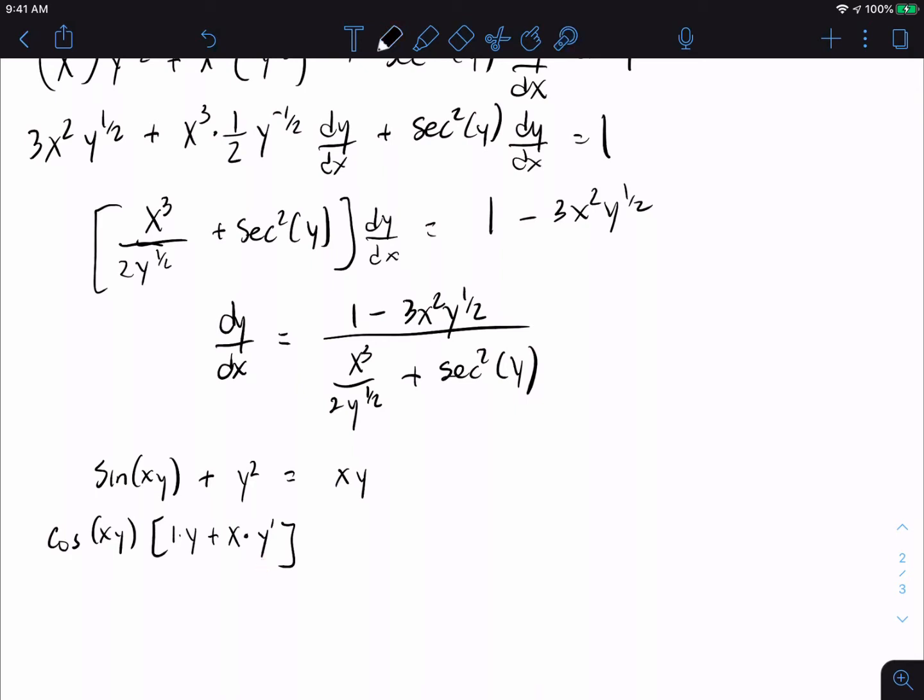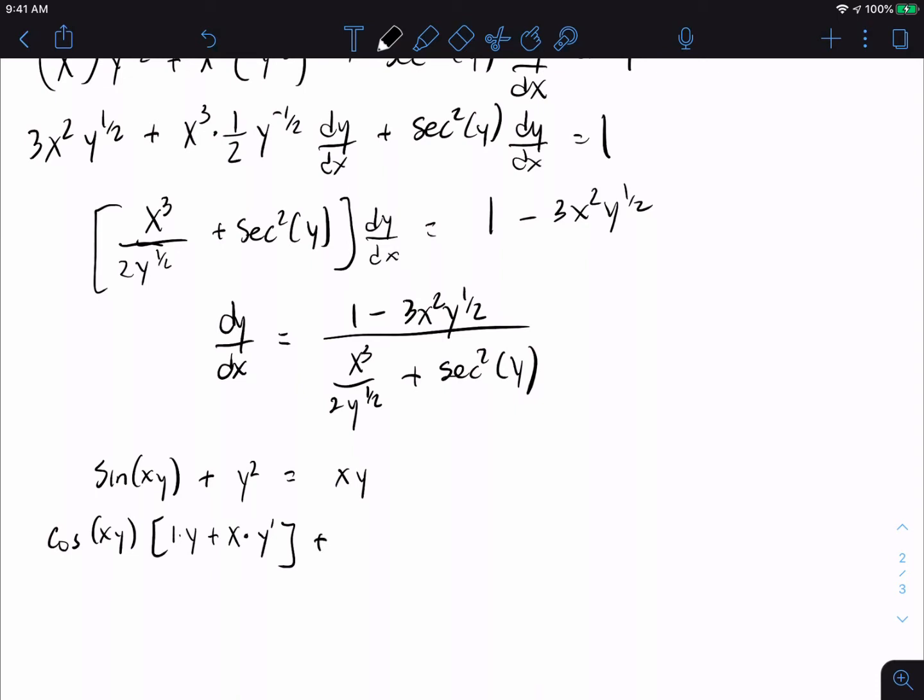Does that make sense? Yeah. So that 1 is actually the derivative of x. That's right. Okay. You follow? Yeah. And then that y prime is just the derivative of y with respect to x. Okay? So there's the first piece.